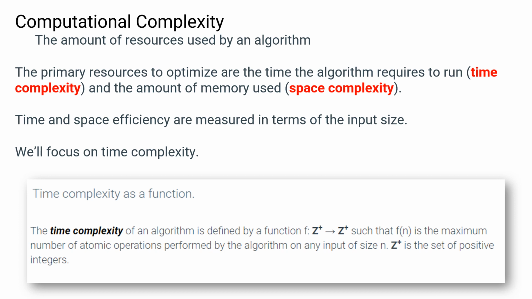This function is going to have a domain of positive integers and a range of positive integers, such that f of n, which is this time complexity function, is the maximum number of atomic operations performed by the algorithm on any input of size n. And then it goes on to say what Z plus is, and that's the positive integers. So that's the official definition of time complexity.